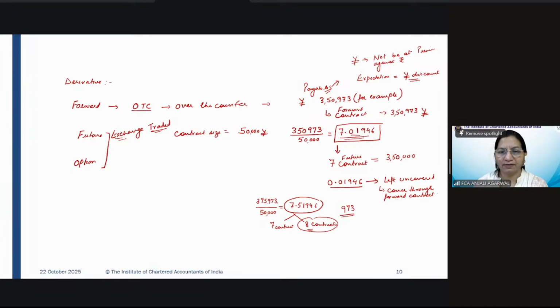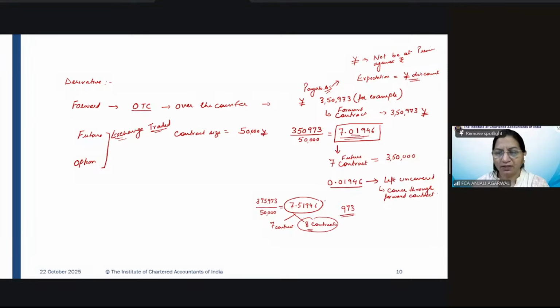For 25,973, I might leave myself uncovered, hoping that the exchange rate fluctuation will be in my favor, and yen will be at a discount. But if the market expectation is that the yen is at a premium, I'll go for 8 contracts. Alternatively, for 7 contracts, I can take a future derivative, and for the balance, I can go to some extent to the option contracts, depending upon what contract size is available.